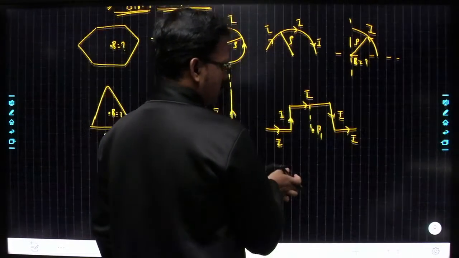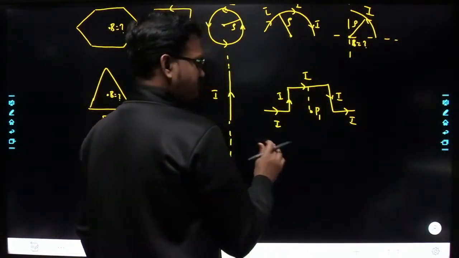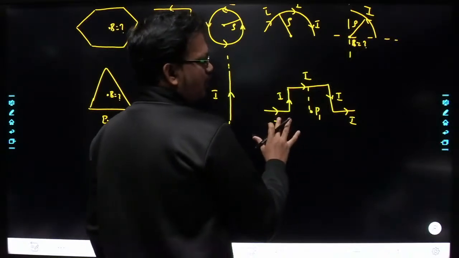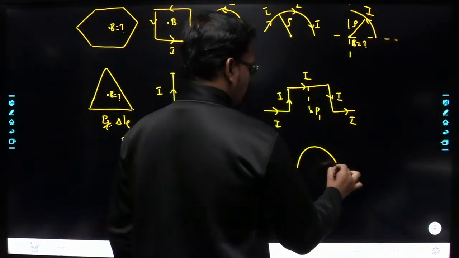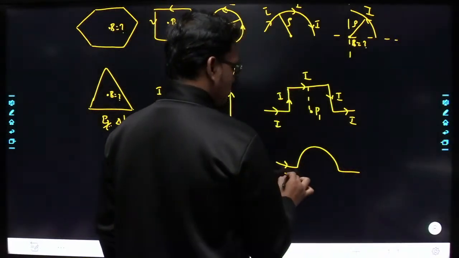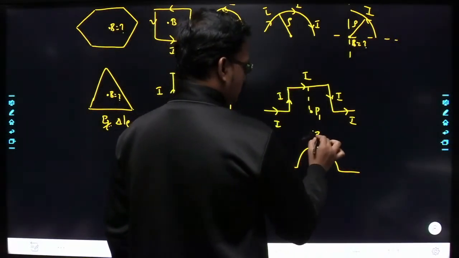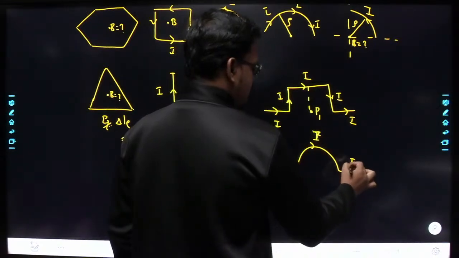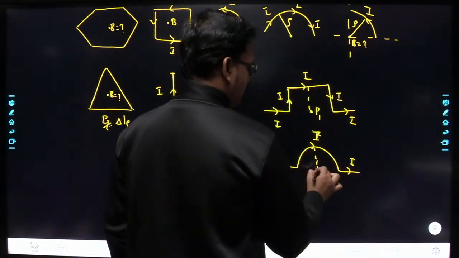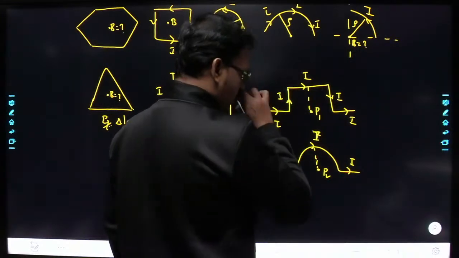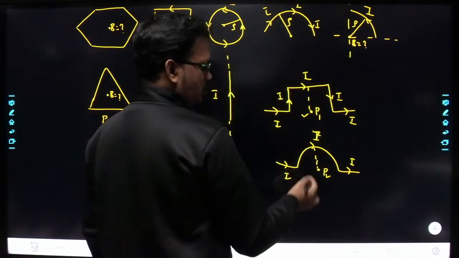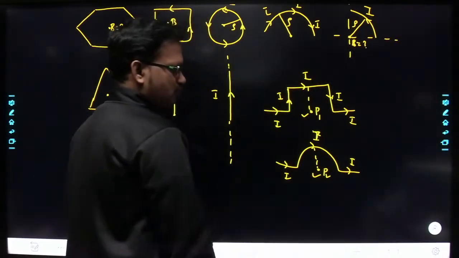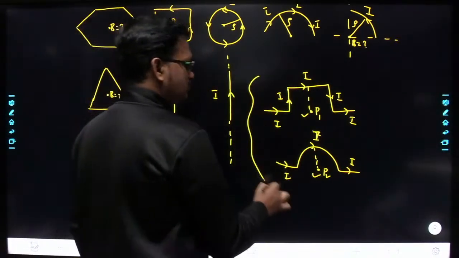Then we took the same wire and bent it into a semicircular loop, and determined the B field at the point P2. Then we took the ratio of the B field at point 1 to the B field at point 2. This problem also we have solved.